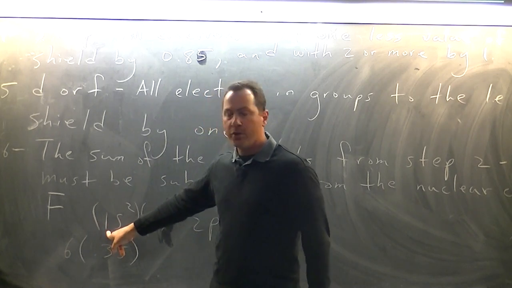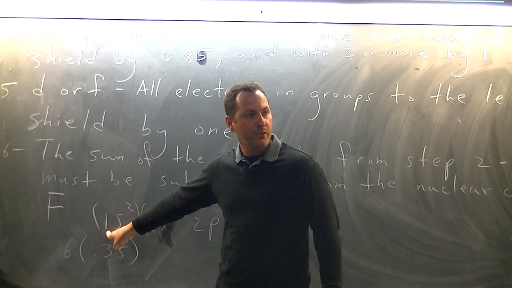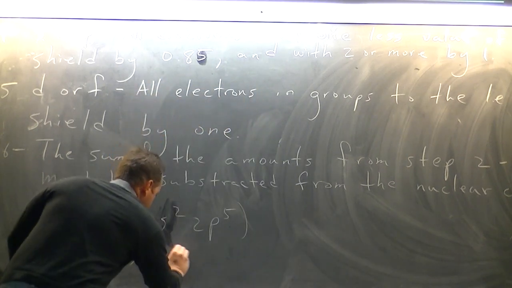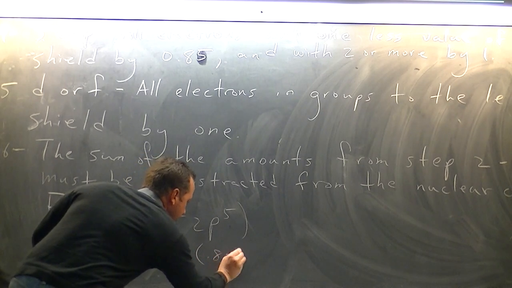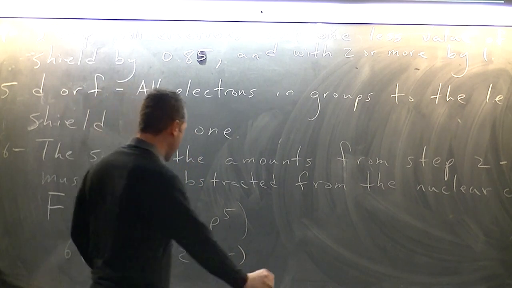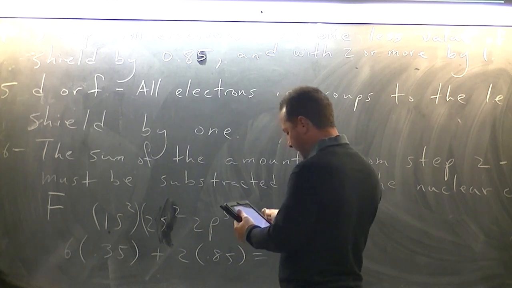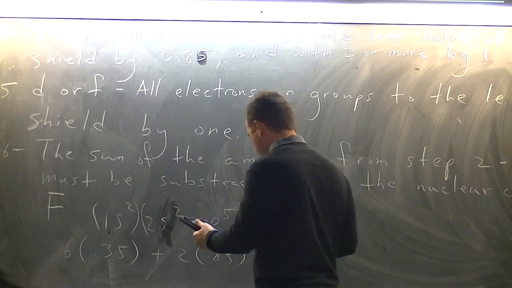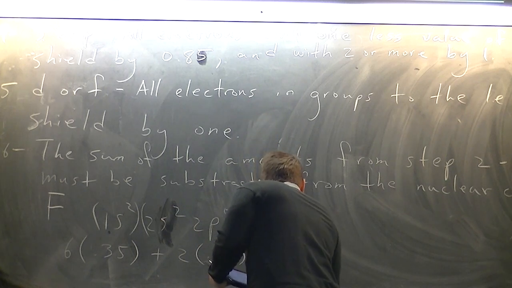So by how much will those 2 electrons shield? 0.85. Right? So if you do the calculation, which I have already done, then that will be 3.8.